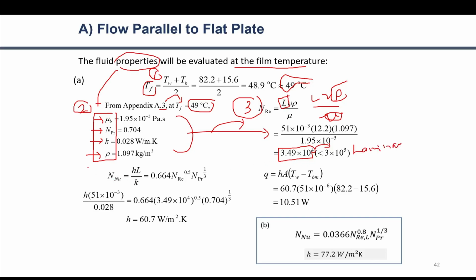Next, find the corresponding Nusselt correlation, whether laminar or turbulent, depending on the Reynolds number. Since our Reynolds number is in the laminar region, we use this Nusselt correlation to find our h. You plug in the length of the plate, k, Reynolds number, and Prandtl number, and we get our h value as 60.7 watts per meter square per Kelvin.